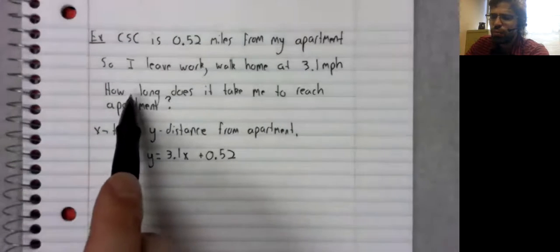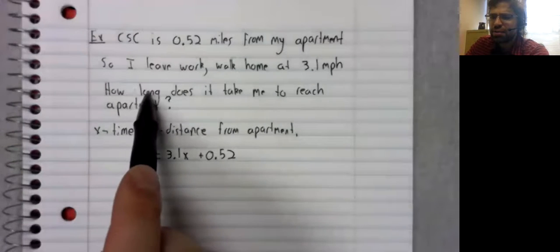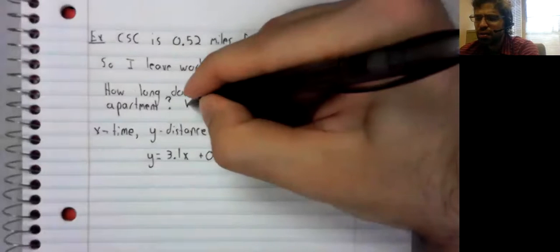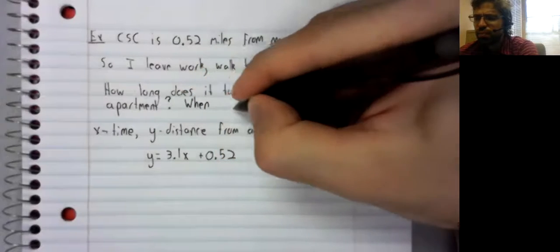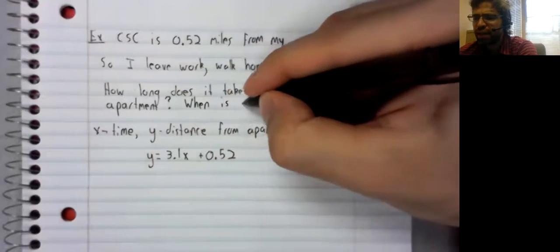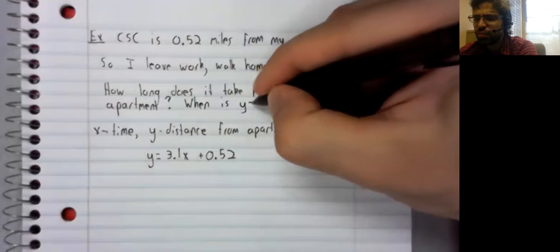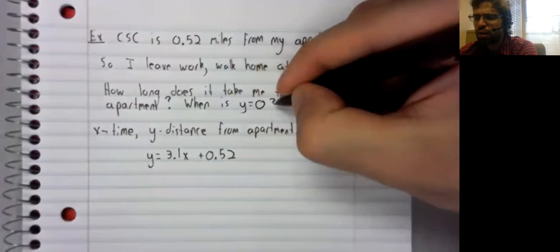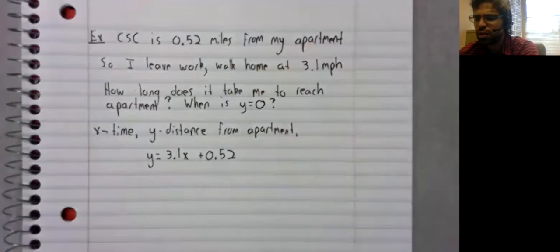Looking at what we've been asked, how long does it take me to reach my apartment can be rephrased. When I've reached my apartment, my distance from my apartment is 0.